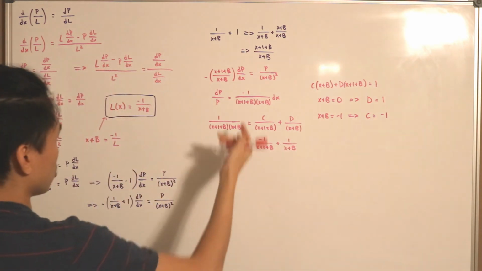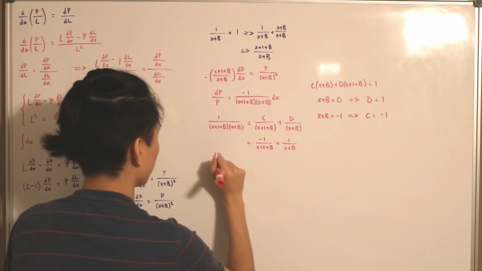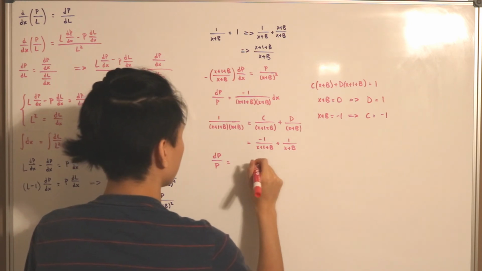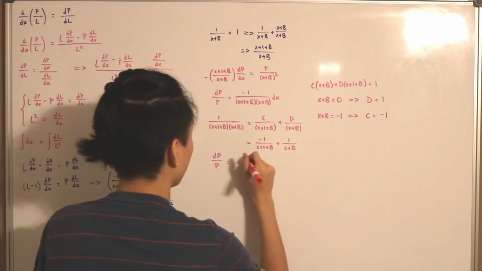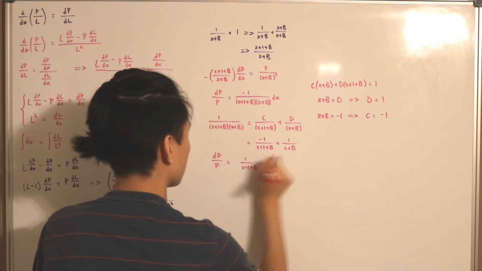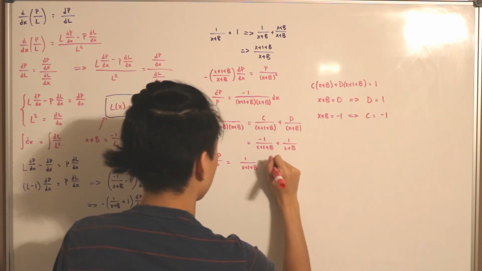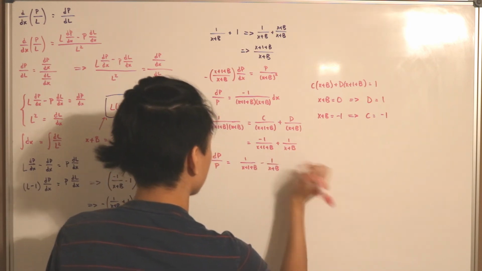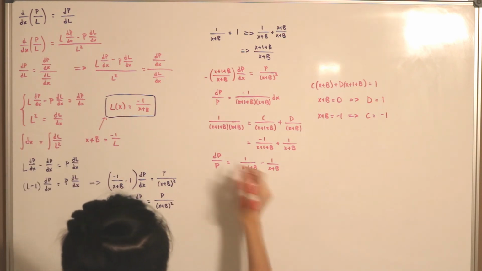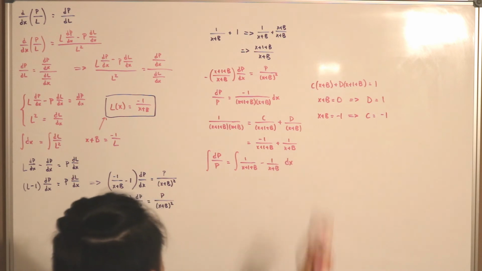Okay, and then we multiply by the negative, so we have the following: dp over p is equal to 1 divided by x plus 1 plus b, then minus 1 over x plus b. Okay. And now we can take the integral of both sides with respect to x.